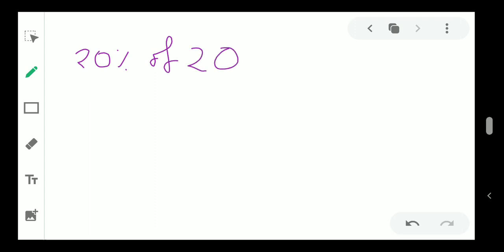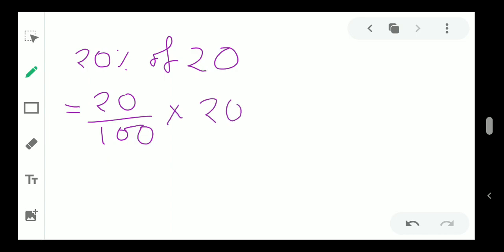You know that 20% means 20 by 100. Percent means by 100, of means multiplication, and this is 20. If you cut like this, you will get 4. So 20% of 20 means 4.